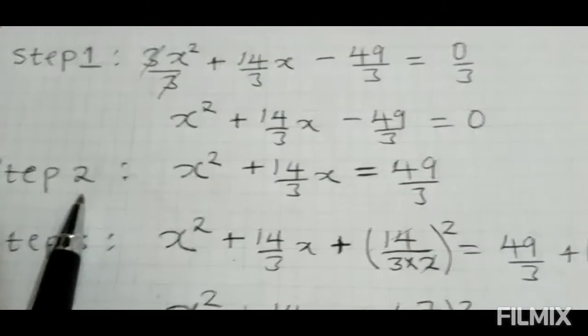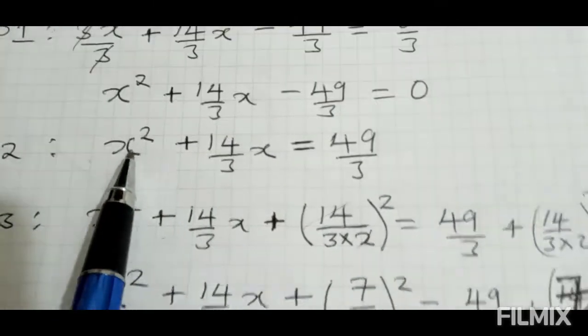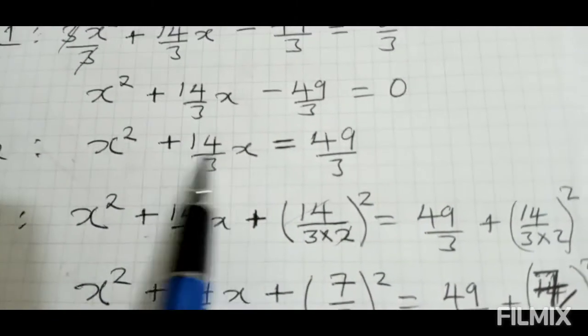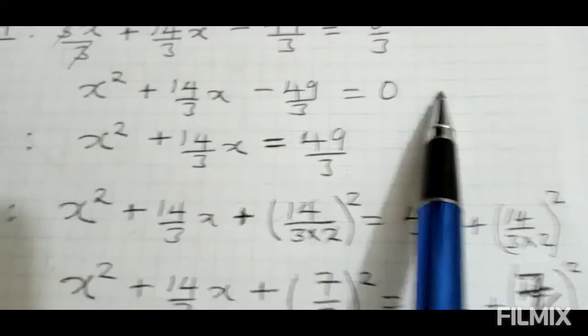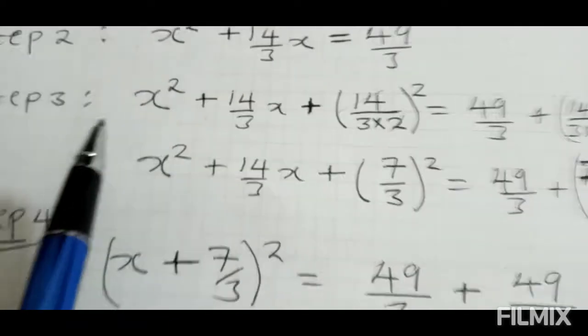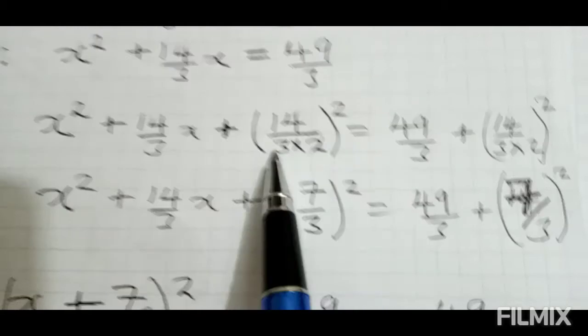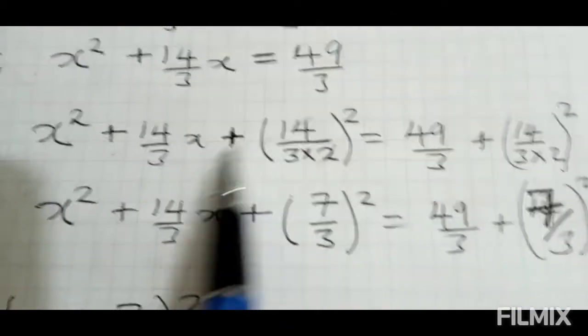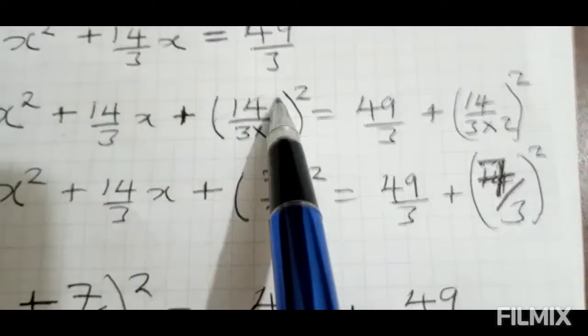And we go to step 2. Take the constant to the other side of the equation. So x squared plus 14x over 3 is equal to 49 over 3 when it goes to the other side. Then step 3, add half of b to both sides of the equation, and then you square it. So this is b, half of it is this term times 1 over 2.